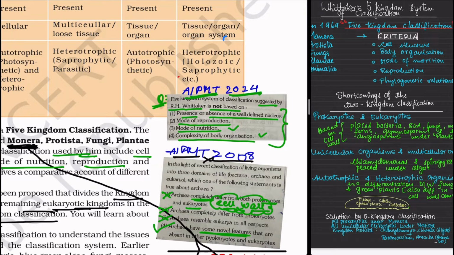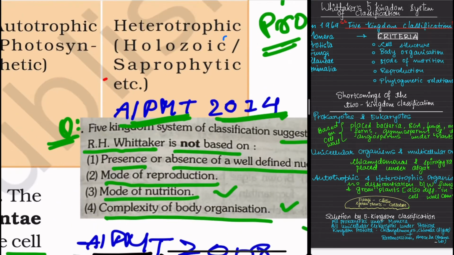Well-defined nucleus is present in case of eukaryotes, but in case of prokaryotes, a nucleoid is present instead of a well-defined nucleus. You know, nucleoid is not bound by nuclear membrane, and the genetic material is just lying around inside the cytoplasm.